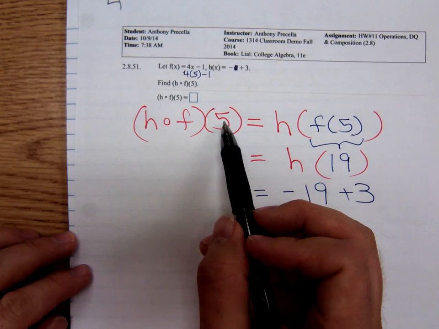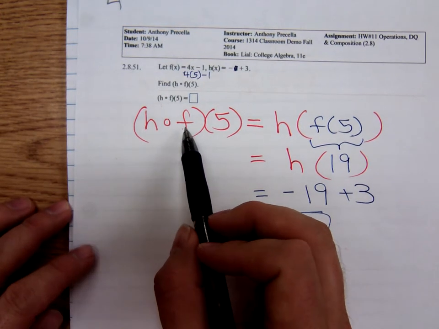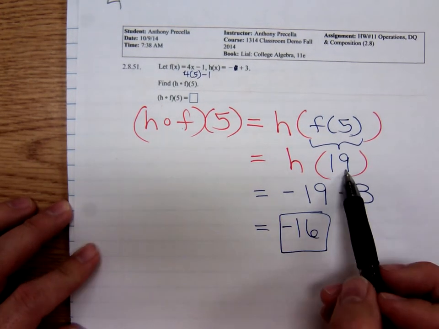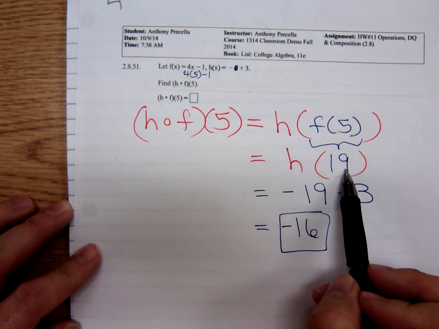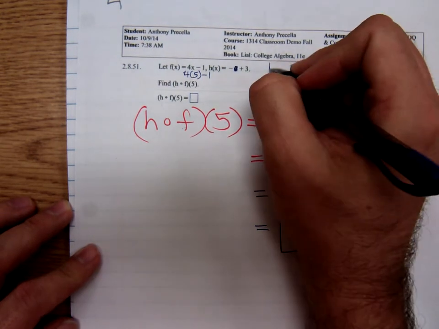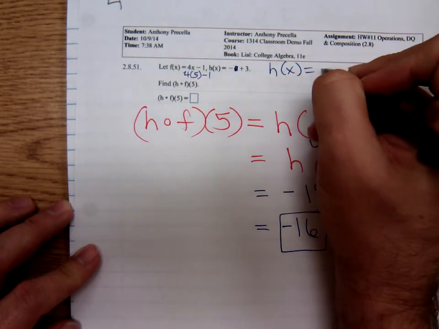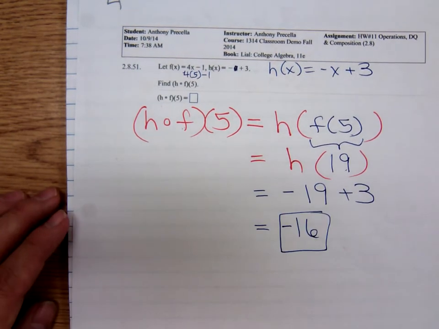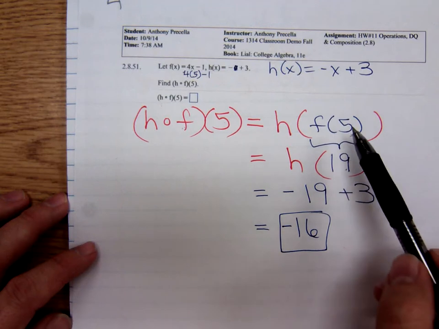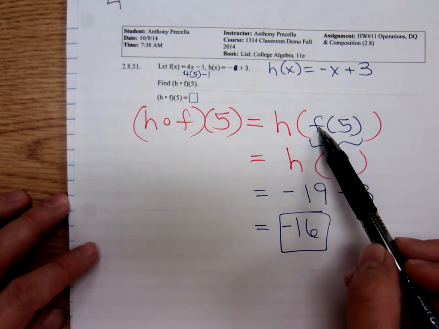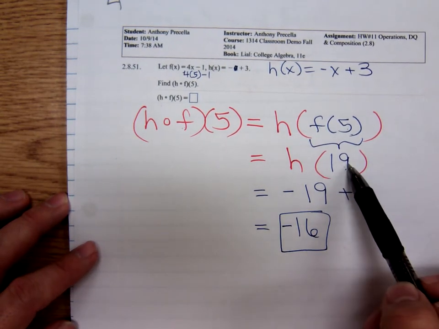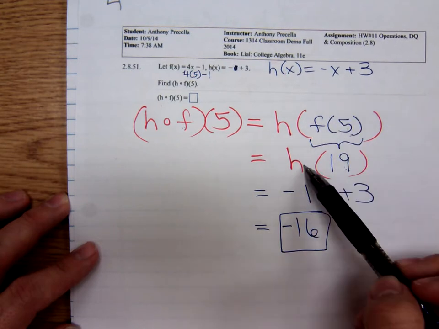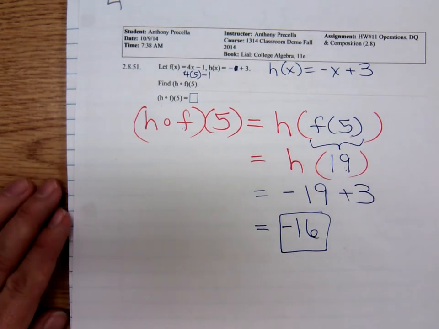We plugged 5 into f. That gave us 19. We then plugged 19 into h. H of x was negative x plus 3. So we plugged 5 into f. That gave us 19. We plugged 19 into h. That gave us negative 16. Any questions?